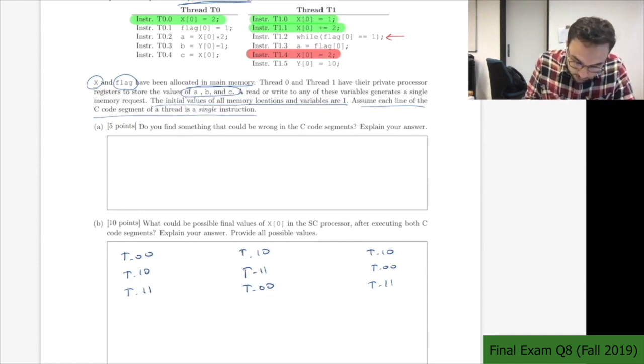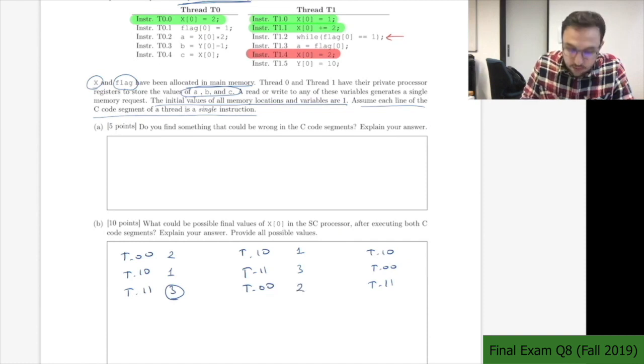In the first, x0 is 2 after T00, then in T10 it becomes 1, and then we increment it by 2, so it becomes 3. Here we start with x equals 1, and then in T11 it increments to 3, and in the last one we just assign the constant 2.